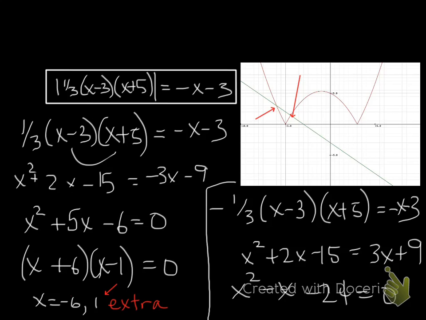Okay, so we isolate the x's on one side and solve this quadratic. You take a look at this quadratic, two numbers you need to multiply to negative 24 and add to 1, so you see that you can't factor it, so you go to your quadratic formula.